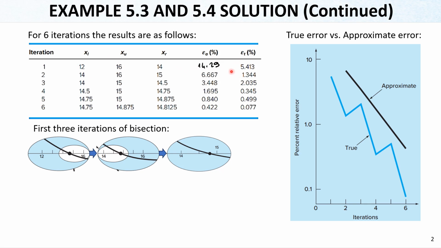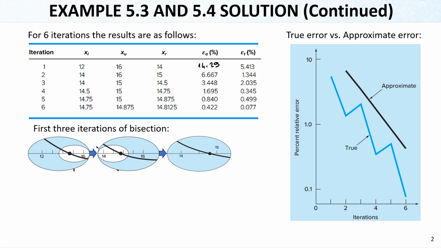And you can also see that we also calculate an epsilon true error by using the true value. Actually, we don't know that, but the question actually gave it to us. The solution of the book gave it to us. But assume that we don't know, so we don't need the true calculation actually. But if we know the true value, then we can make a calculation and make comparisons.